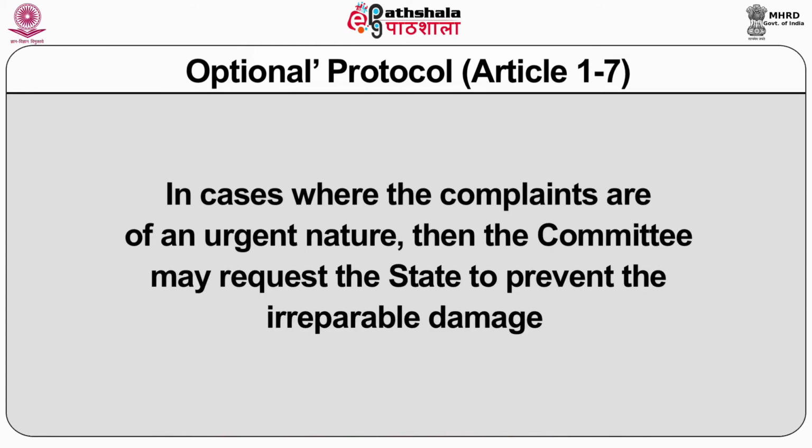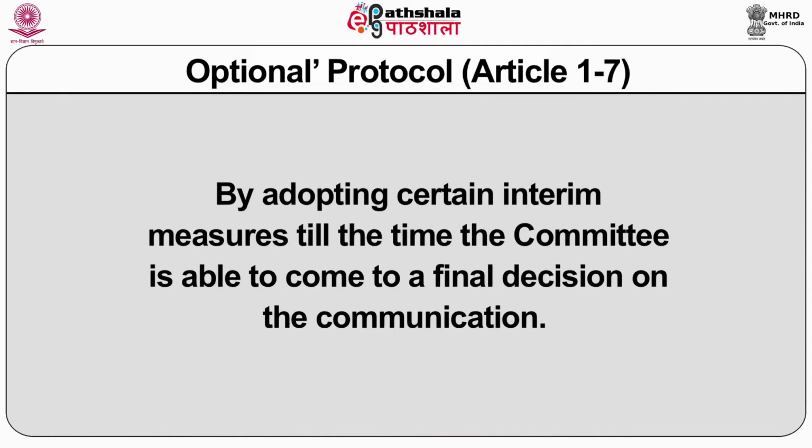In cases where the complaints are of an urgent nature, the committee may request the state to prevent irreparable damage by adopting certain interim measures until the committee is able to come to a final decision on the communication which it has received.